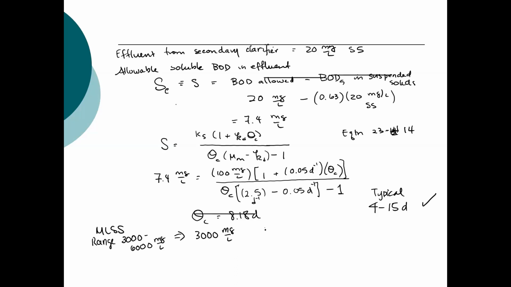Now, typically your MLVSS is about 70% of your MLSS, so about 30% is inorganic. So 0.7 times that 3,000 is equal to 2,100. So that is equal to X. We're making this assumption right here.